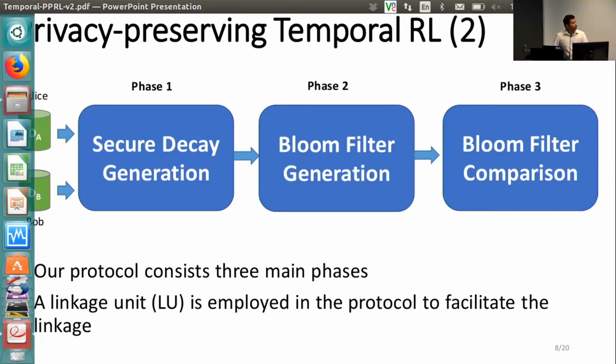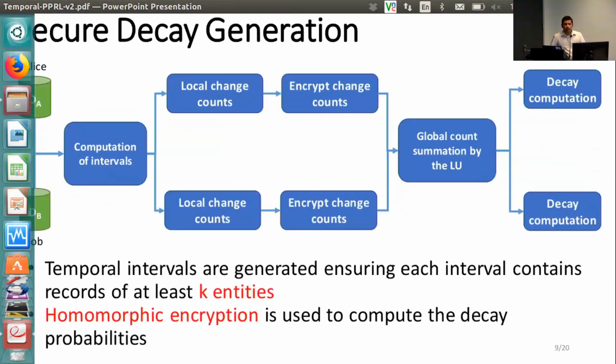In phase one, the first thing we need to do is identify the specific time intervals that can be used for decay generation. To identify the intervals, we follow a secure multi-party computation technique, and in that process, we ensure each time interval contains records about at least k entities, just to ensure it follows k-anonymity privacy for the entities.